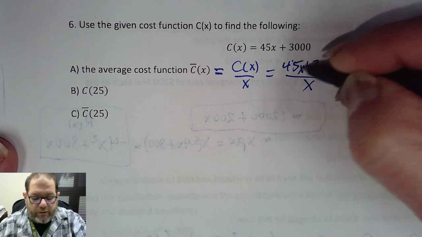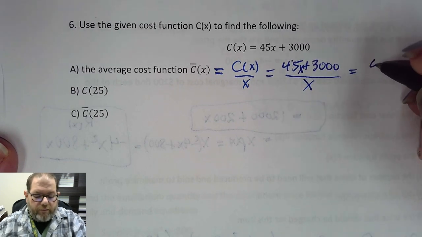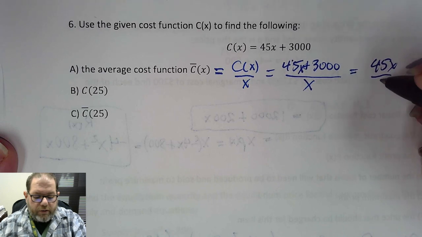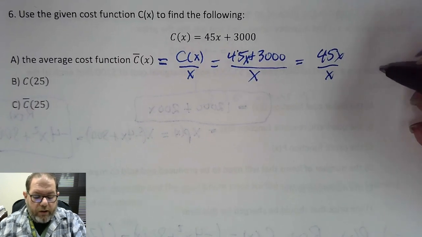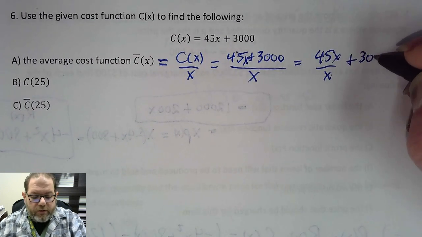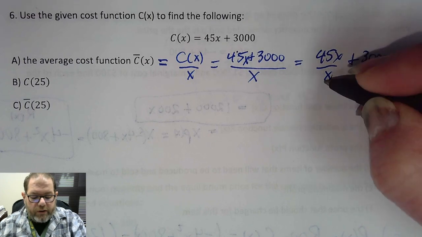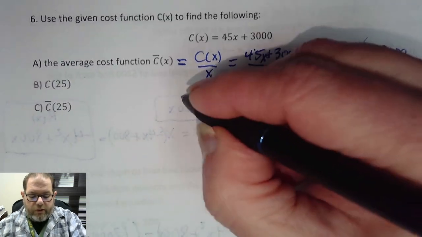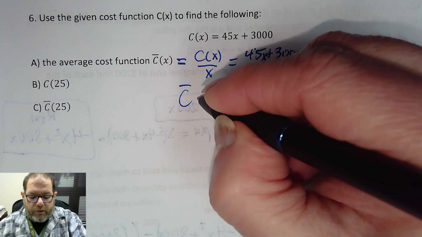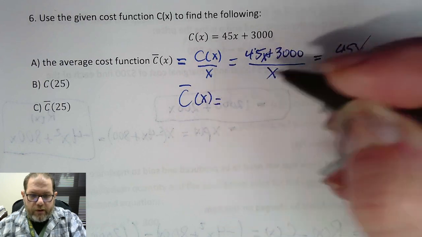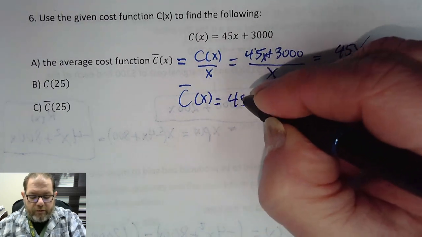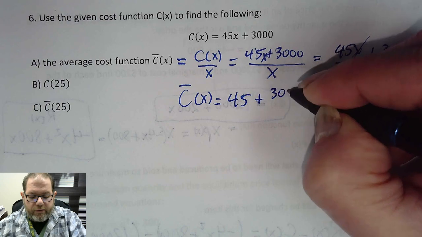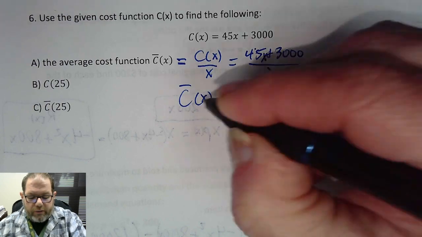That's a 45x. So we'll take 45x over x, and then 3,000 over x. The x's cancel here. So C bar of x is just going to be 45 plus 3,000 over x.